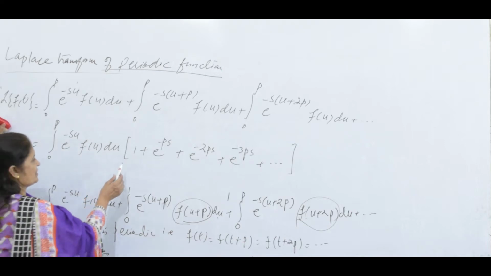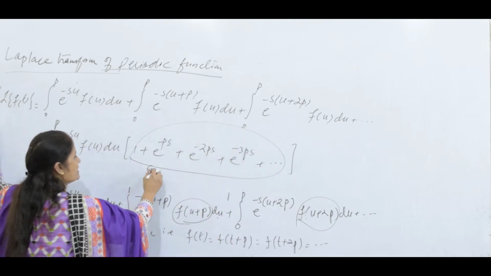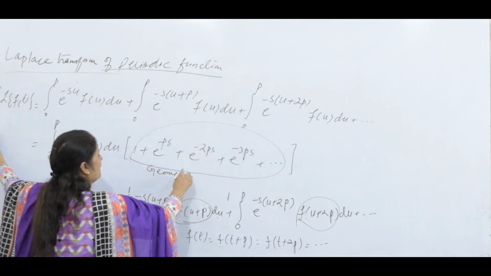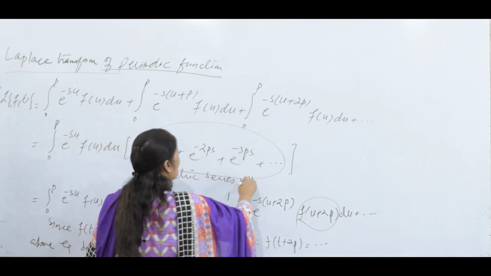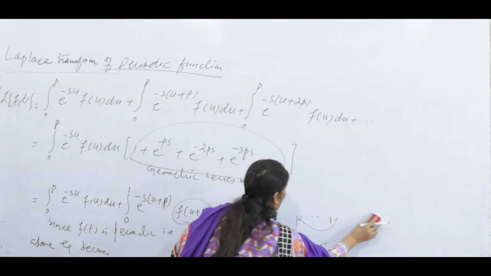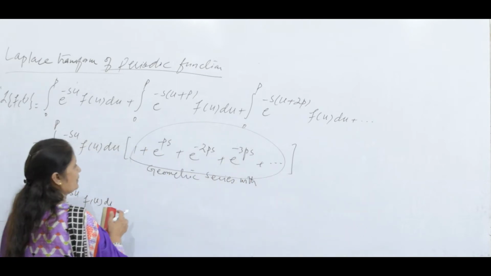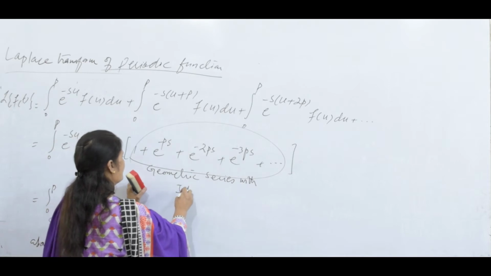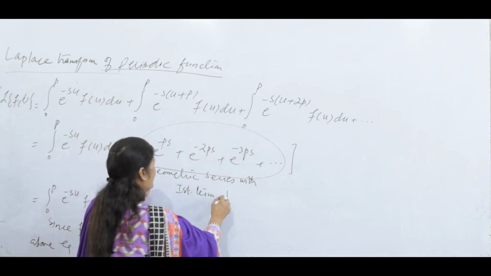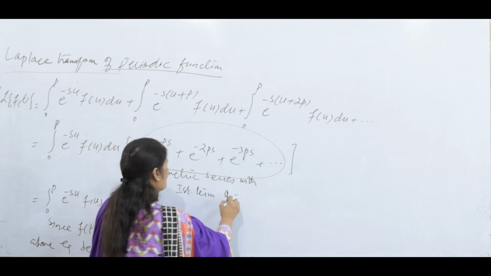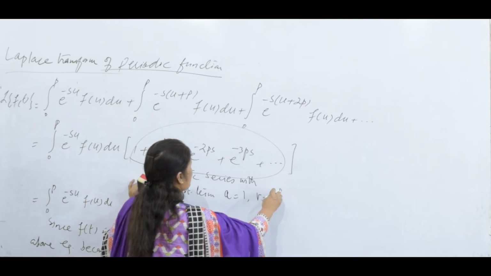And what is this? This is a geometric series with first term a equal to 1 and common ratio r equal to e^(-ps).